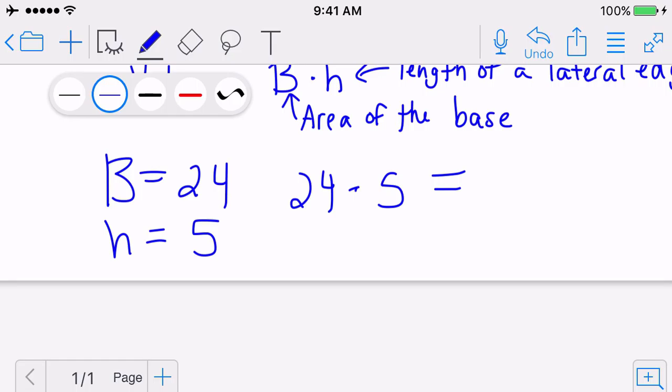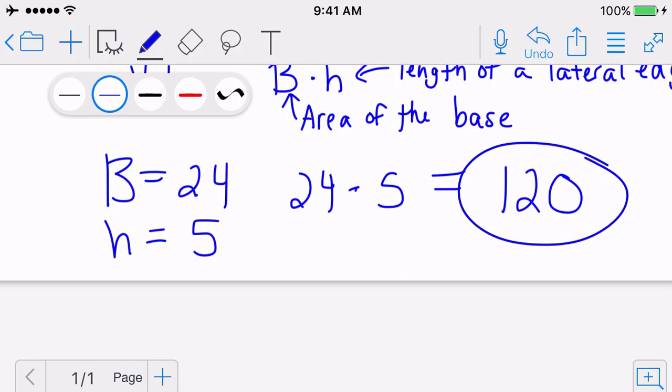And what do we get? So let's see, it should give us 120. Okay, so that's the general formula for the volume. Find the area of your base and then multiply that by the height, or the length of the lateral side.